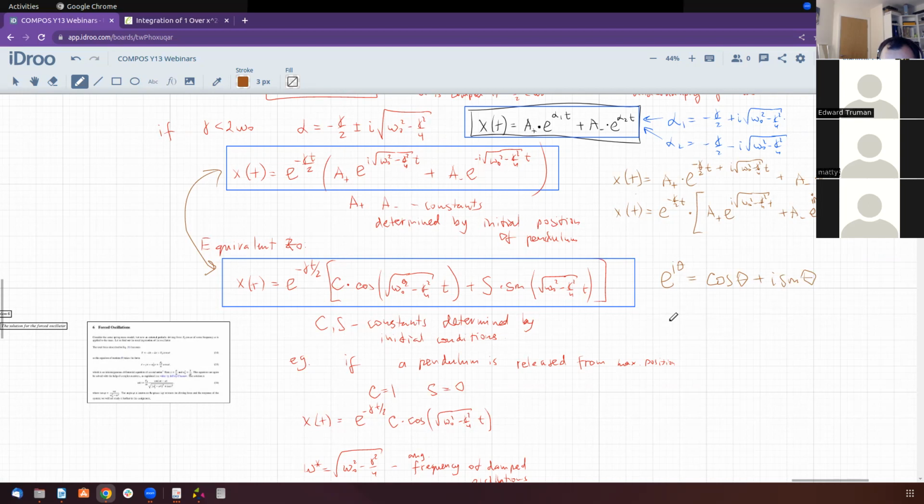Or in other words, e to the i square root of omega 0 squared minus gamma squared over 4 t is equal to cos of that thing plus i sine of that thing. And it works out beautifully. Once you do this, I hope you will be thoroughly enjoying this process.